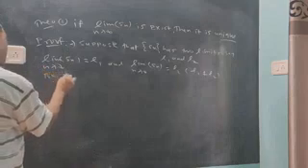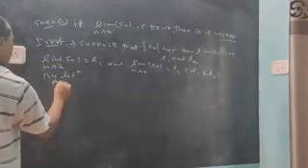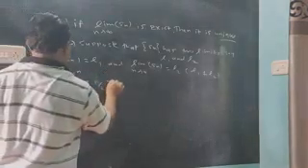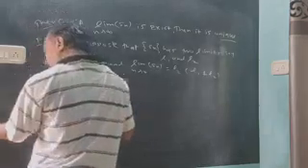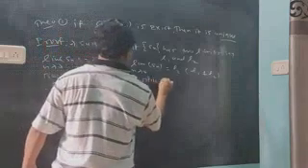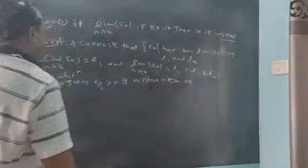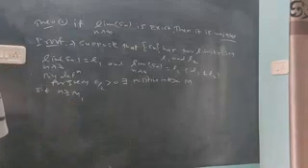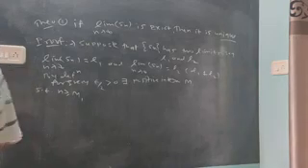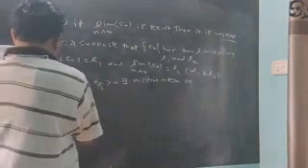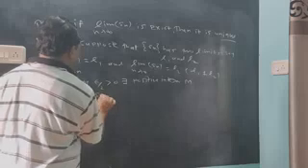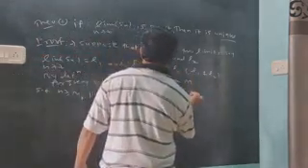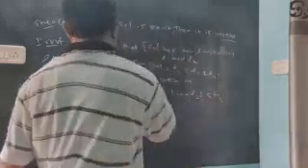Therefore, by the definition of limit of a sequence, for every epsilon, I take here epsilon by 2 because there are two limits. So for epsilon by 2 greater than 0, there exists a positive integer m such that for n greater than m, we have mod of S_n minus L1 is less than epsilon by 2, as well as mod of S_n minus L2 is also less than epsilon by 2.